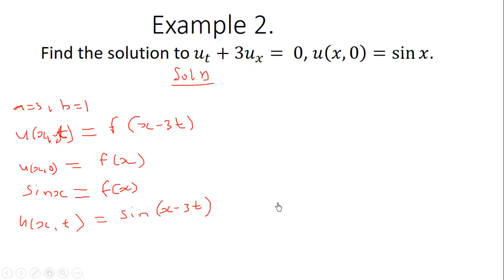Now let's consider another method called the coordinate method. The coordinate method aims at reducing the PDE to an ODE. Then we use known methods to solve the obtained ODE. So we are still looking at how to solve a u sub x plus b u sub y equals 0.